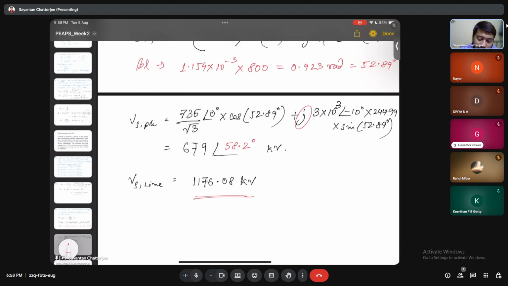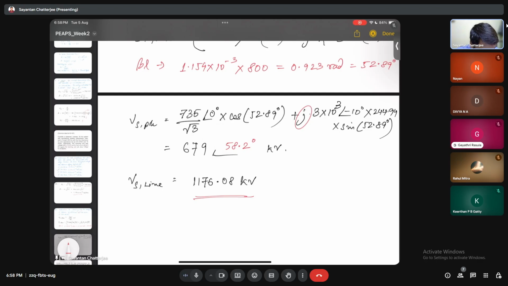But this is based on numericals you can understand. The main aim is to see whether this angle value will be positive or negative. My aim is to just highlight that this will be positive and not negative. Means it can't be negative. So that's the reason I mentioned it.